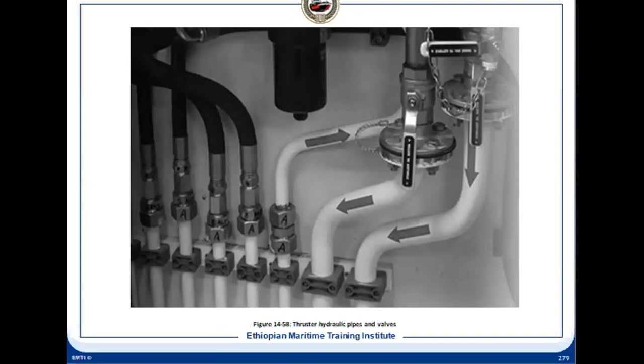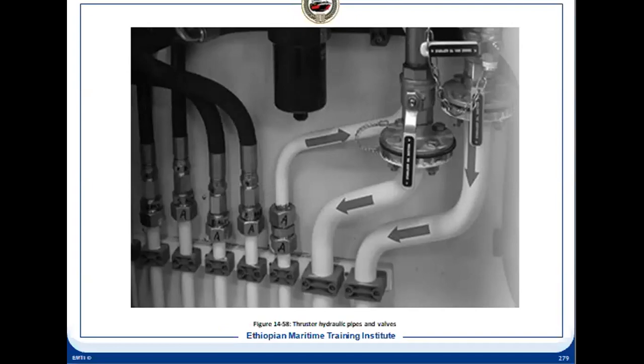You have other means, electrical systems or pneumatic systems we use, but the pneumatic system is low powered. So why do we call it a Framo ship? Like many chemical tankers, they call it a Framo ship. Why do they call it that? Because in that case the bow thruster is driven by hydraulics, the windlass and mooring winch are driven by hydraulics, and then all the pumps are driven by hydraulics.